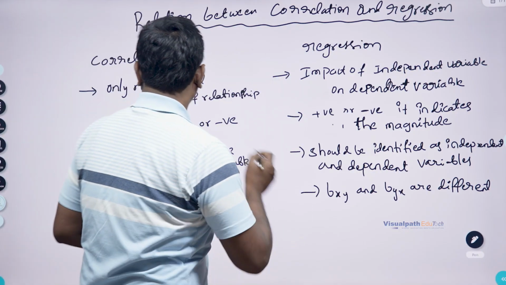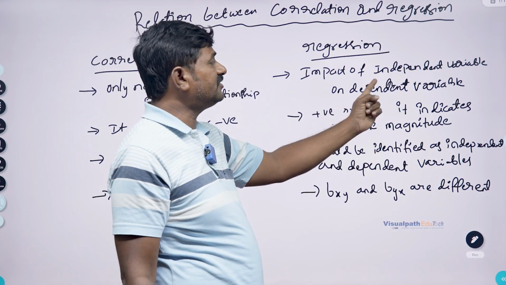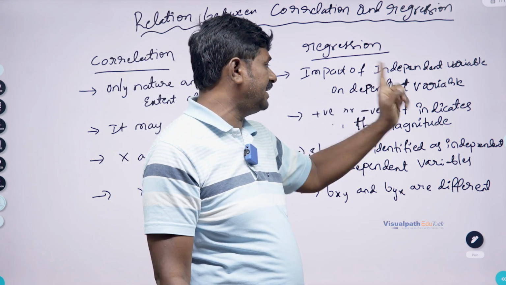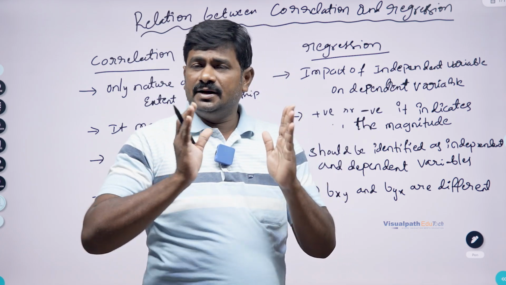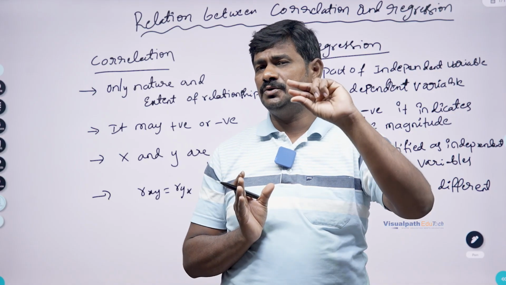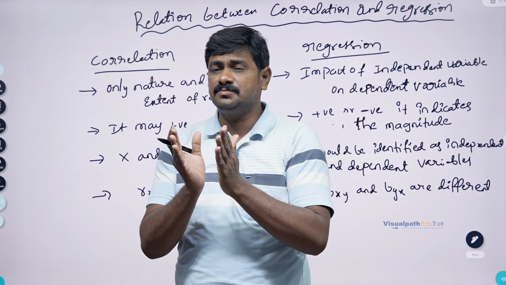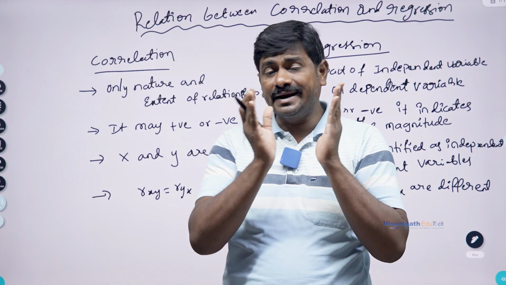While coming to the regression, what is the regression? It is the impact of the independent variable on the dependent variable. In correlation, we are only identifying the relationship between the two variables. Coming to the regression, how much both variables are related.